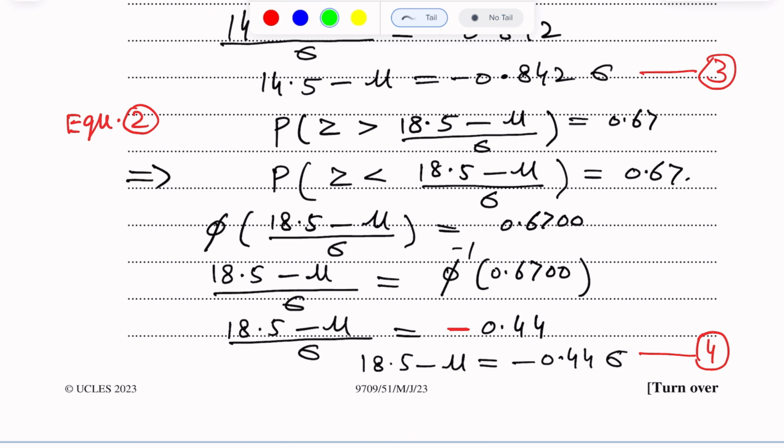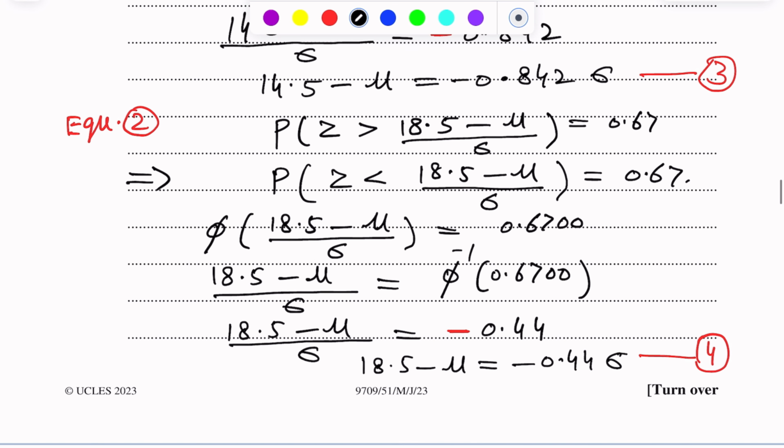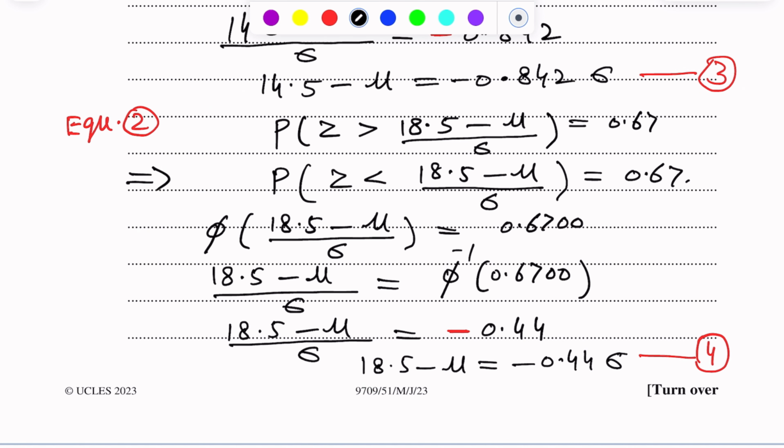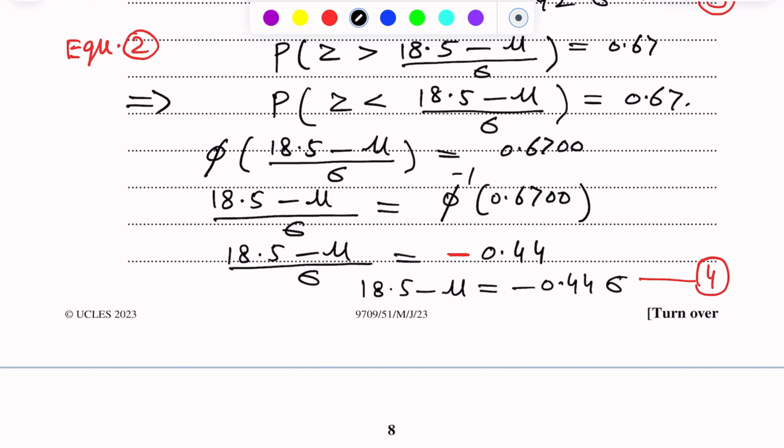Writing equation number 3 here, 14.5 minus mu is equal to minus 0.842 sigma.